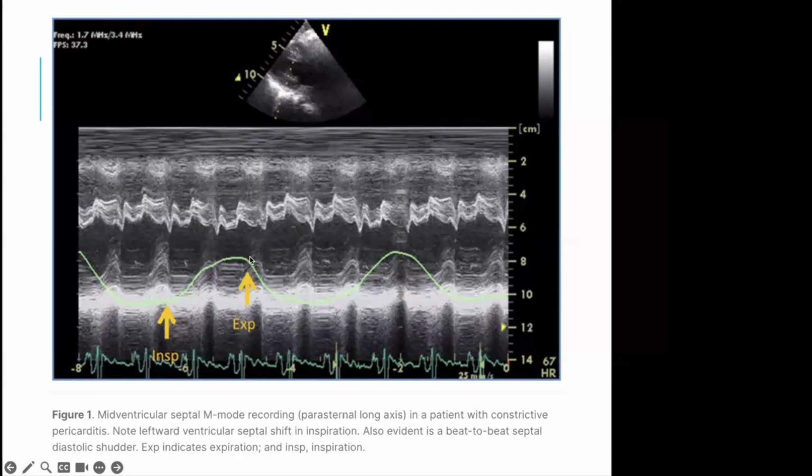The opposite happens with expiration, where the volume in the right ventricle decreases, the septum is shifted towards the right, and then the left ventricular volume has increased due to the hemodynamics that we talked about earlier.